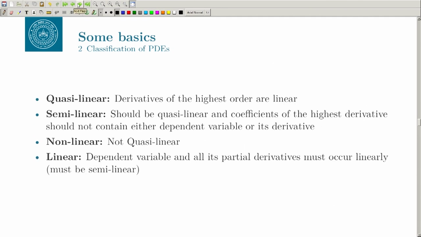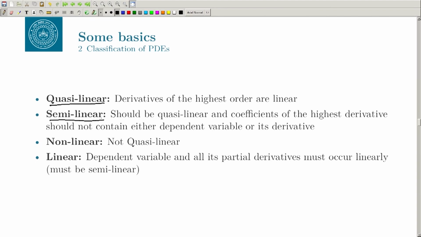Now, let us look at the different nature of the PDEs. Typically in the literature we have linear and non-linear, but then you have some sub-classification of the non-linear ones, which are the quasi-linear or the semi-linear. We will briefly go into the discussion of these.